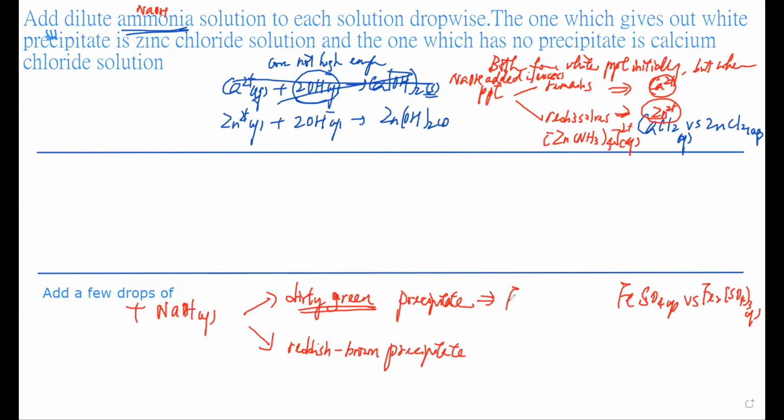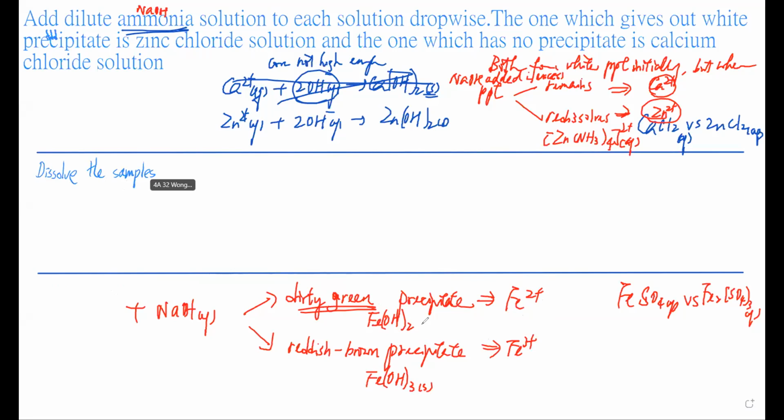So you know it is from iron 2 containing, for which a dirty green precipitate is formed, while the iron 3 containing one, which is the reddish brown PPT, will be formed. So why? Because of the equation. Now you need to write down the equation for the formation of iron 2 and iron 3 hydroxide respectively. Can you get the point?